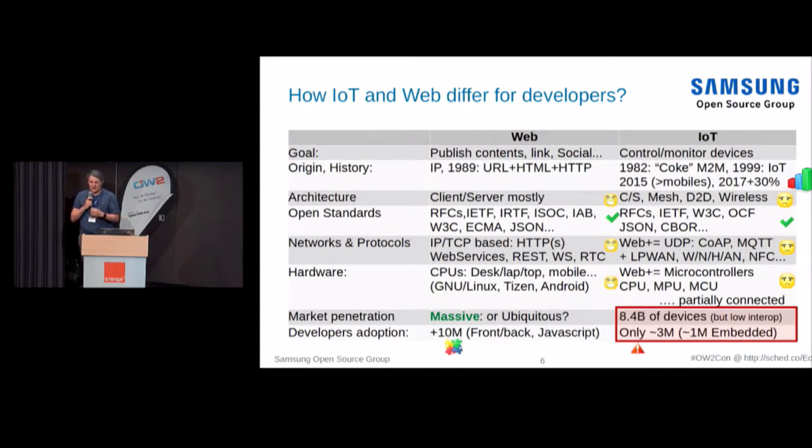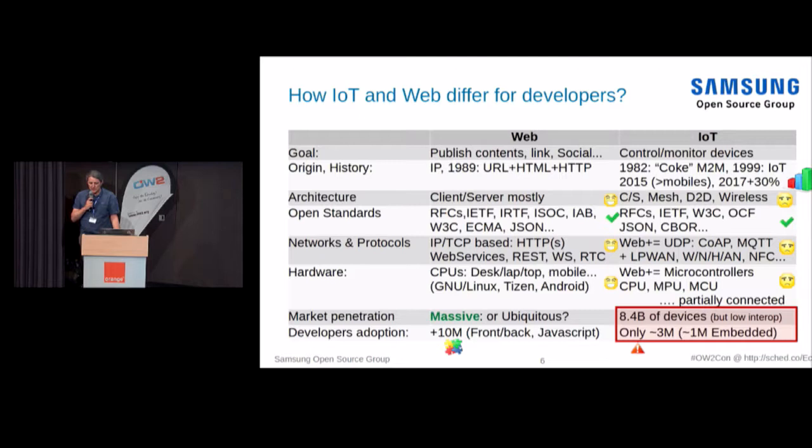That's something which is trying to be standardized, which is a good thing, the same as for the web. And in terms of hardware supporting IoT, you have everything from very low-end devices to high-end devices. So you won't find a software stack that will run everywhere.